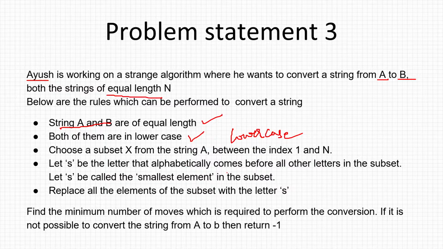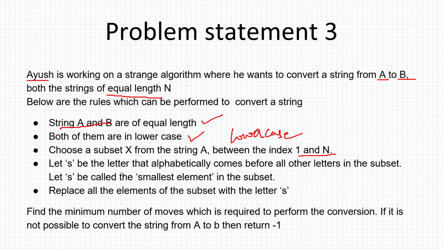Then you are supposed to choose a subset X from string A, between index 1 and n. You choose this subset to find if there are any differences between the corresponding characters of string A and string B.